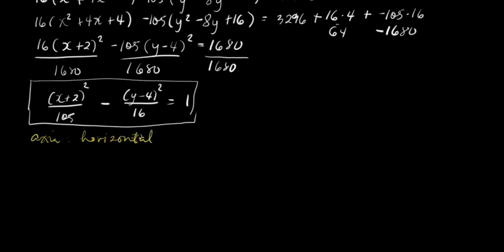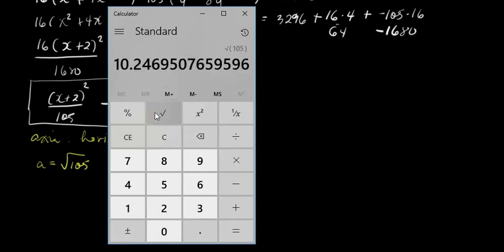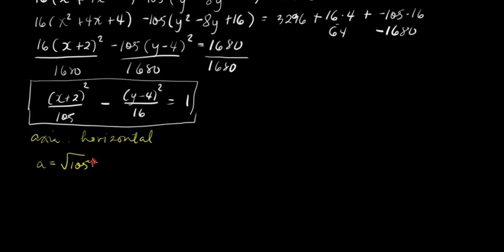The value of a is the square root of 105. Lagyan lang natin ng decimal representation para alam din kung ano yung root of 105. So, you have approximately 10.25.